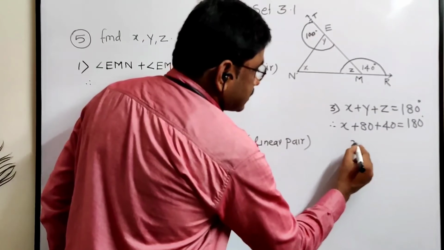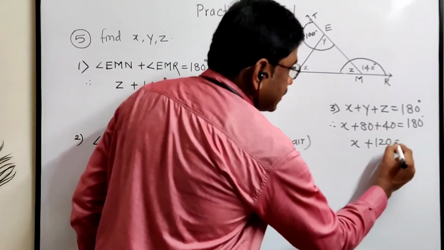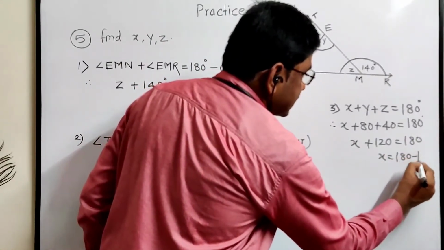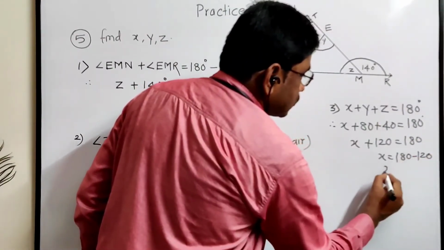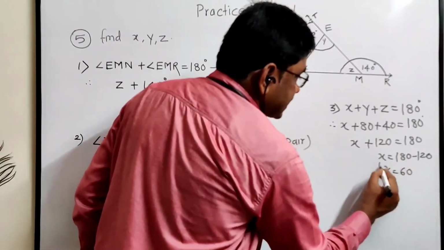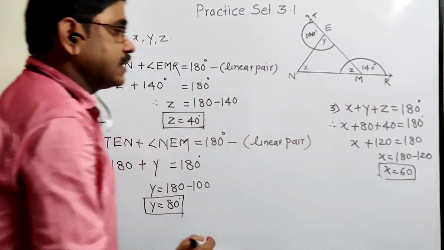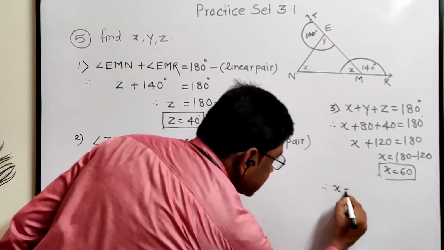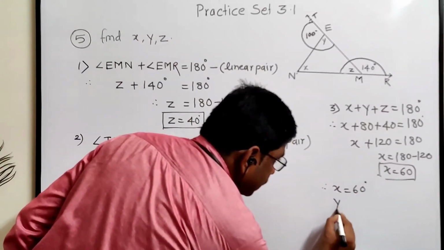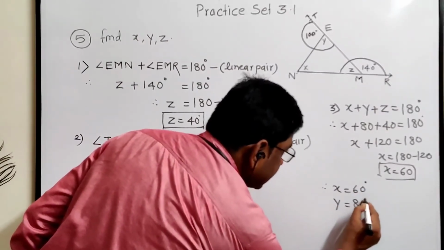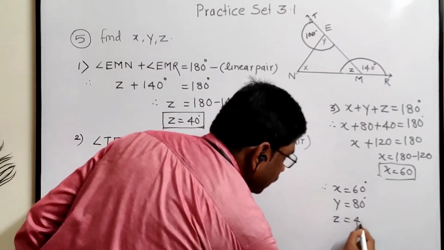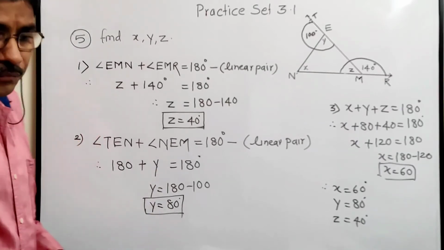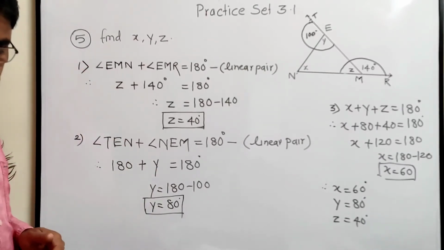So X plus this 120 is equal to 180. Therefore X is equal to 180 minus this 120. So X is 180 minus 120, we get 60 degrees. So we get the measures of all angles. Therefore X is equal to 60 degrees, Y is equal to 80 degrees and Z is equal to 40 degrees. So in this way we can find the measures of all angles of a triangle using this concept.